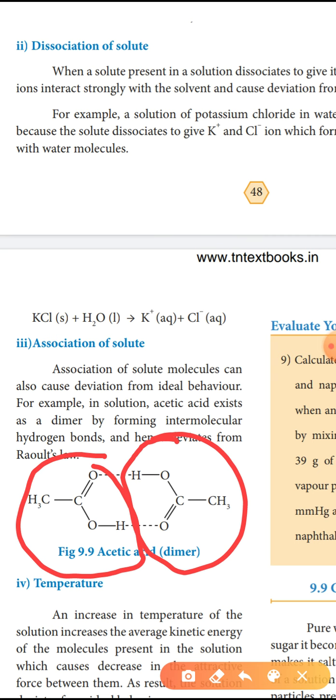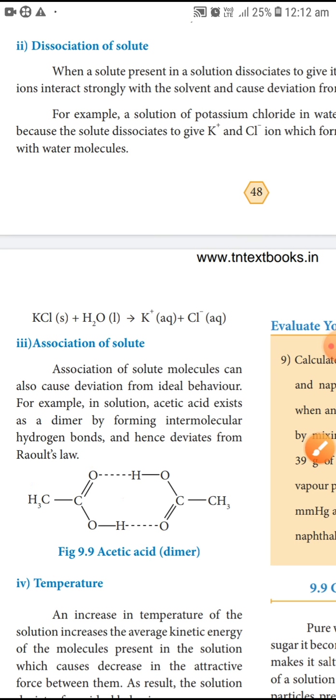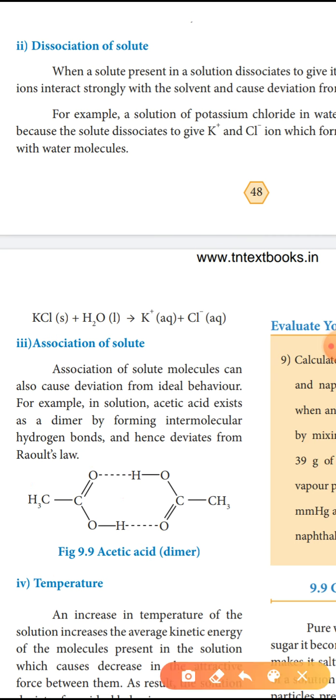Intermolecular hydrogen bond means force of attraction between hydrogen and oxygen, positive and negative ions, that is intermolecular attractive force.